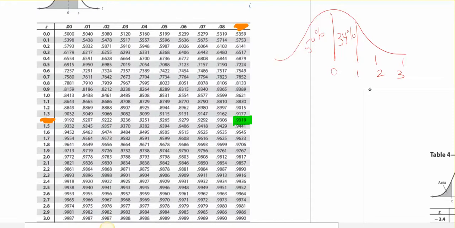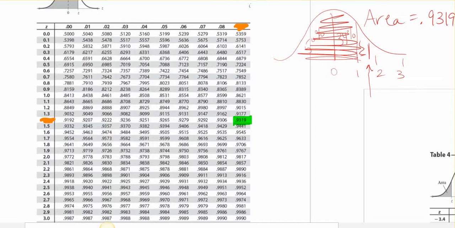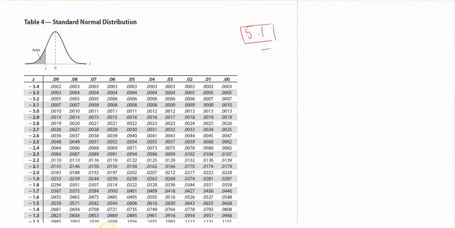So I asked for something right about here. And so does our answer make sense? We're saying that this area is equal to 0.9319. This much was 84%. So I would say yes, this makes sense to us, right? Okay, awesome.